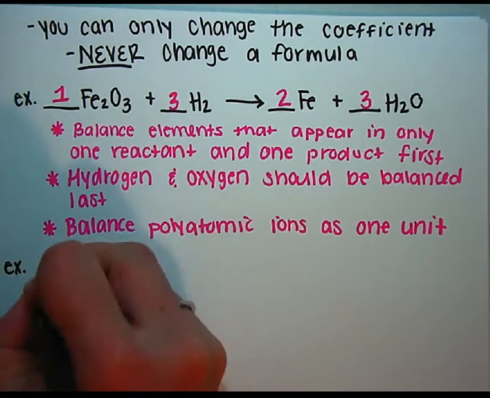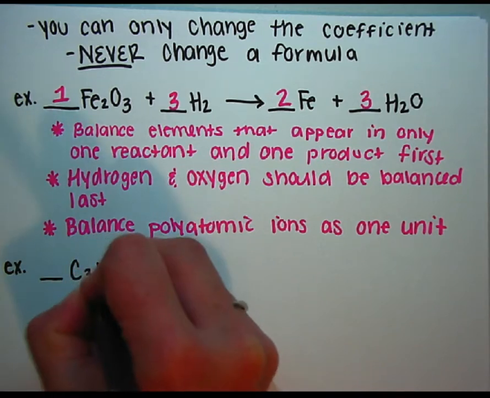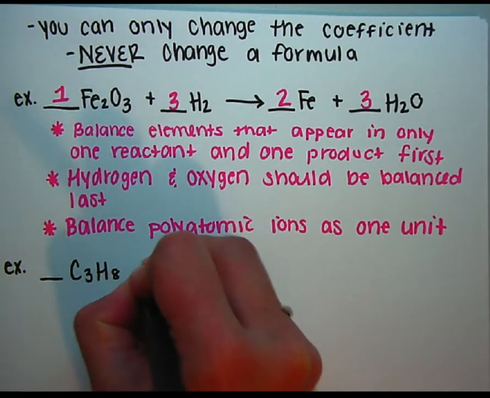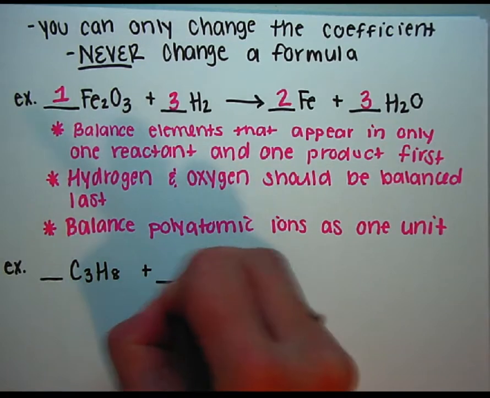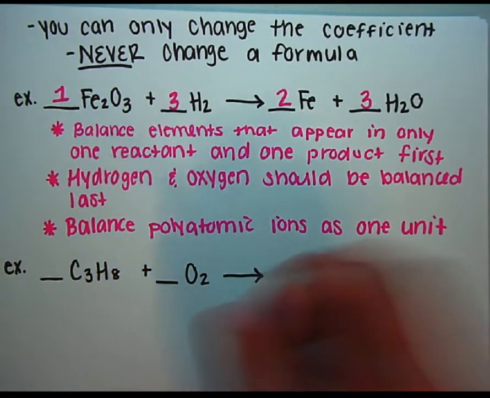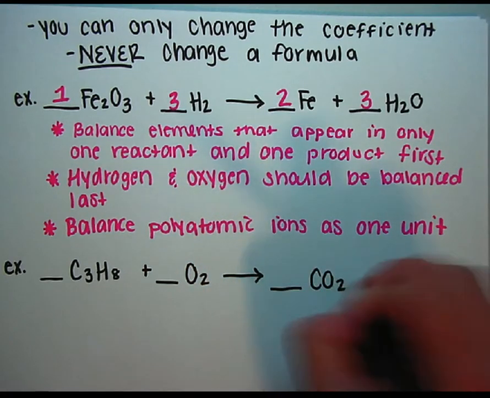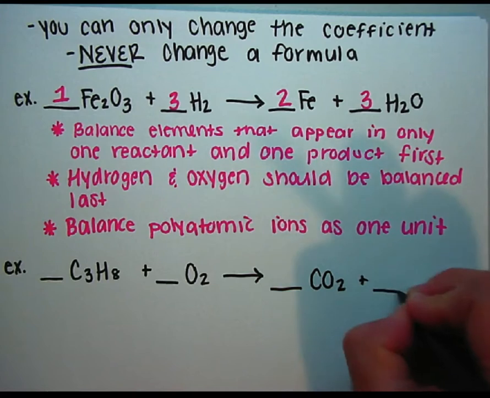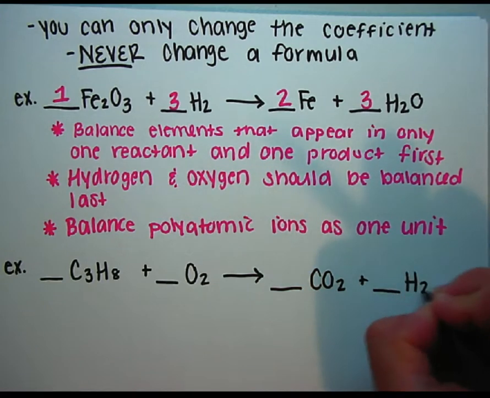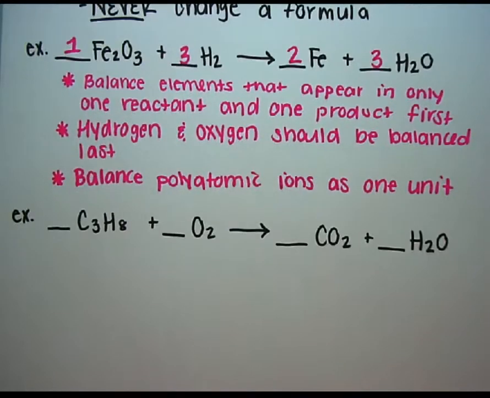Next example. This one is not ionic, but it is a good one to practice balancing. This is a combustion reaction. All right, so the reason I like to do this one is because it covers a few of these rules.